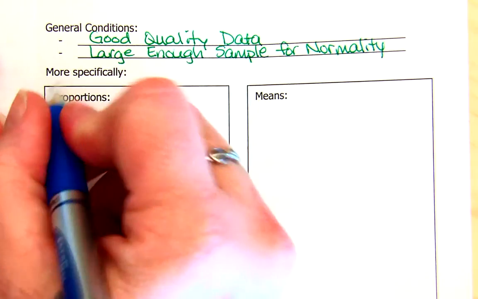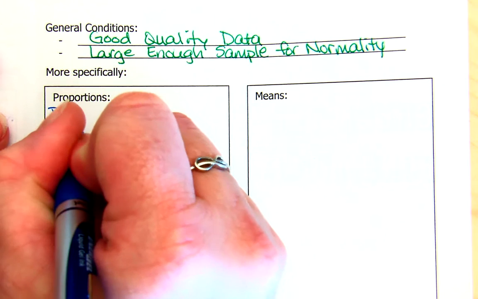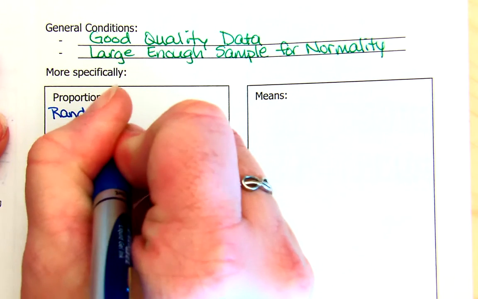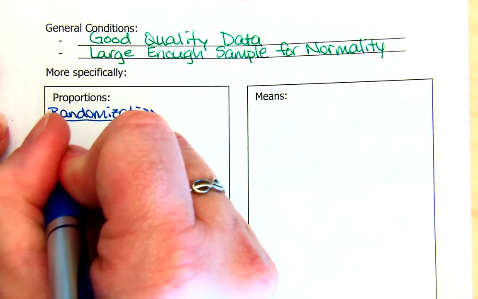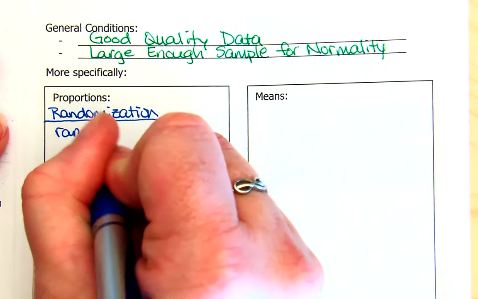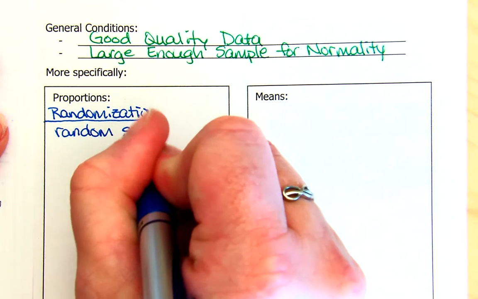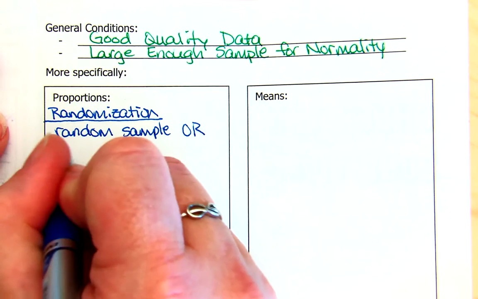So here, for the first one, for a good quality sample, we want to think about randomization. So either a random sample or a random assignment.